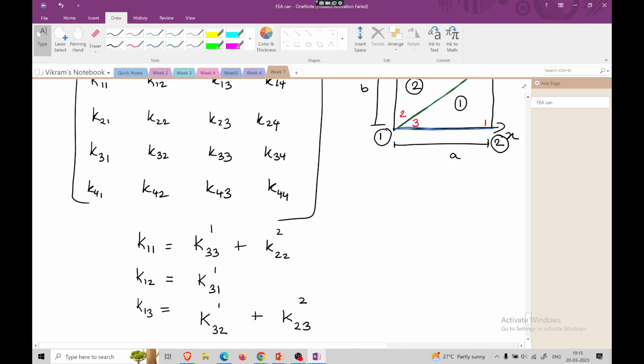So this will be K33 of the first plus K22 of the second, K32 of the first plus K23 of the second, K31 of the first, K11... K12, 0, K23, K32, K21, K22 plus K33.